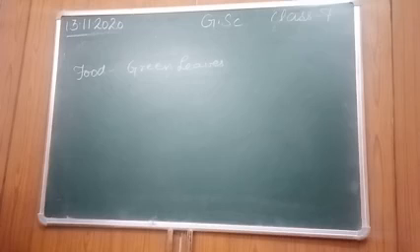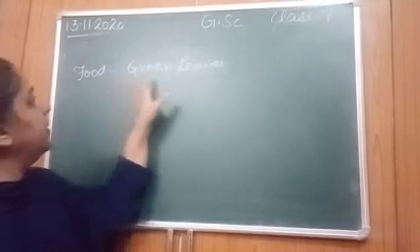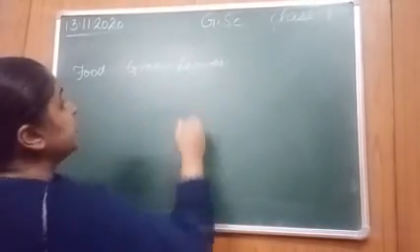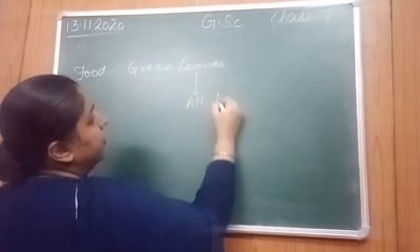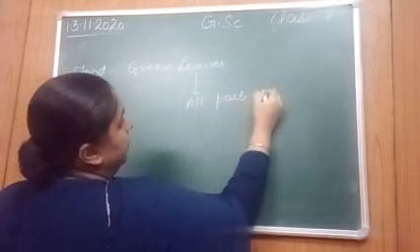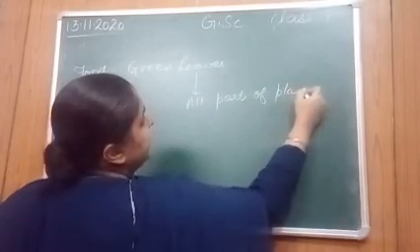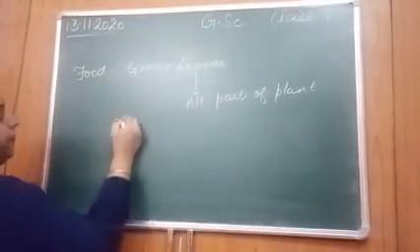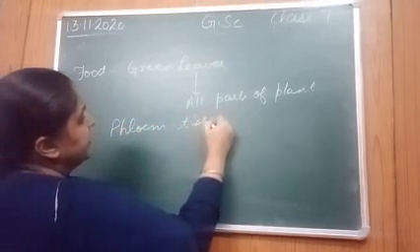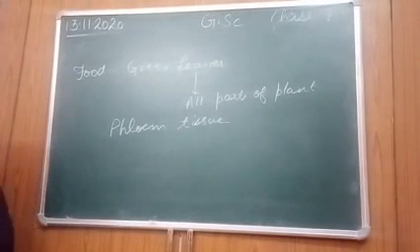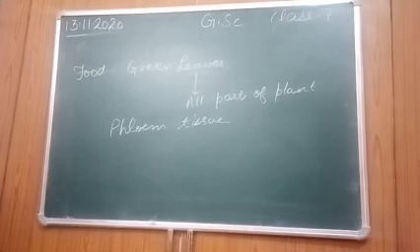So students, now this food which is prepared in the leaves, it is to be transported to all the parts of the plant. And this is done by phloem tissue. Who is doing this? This is done by phloem tissue. Clear?